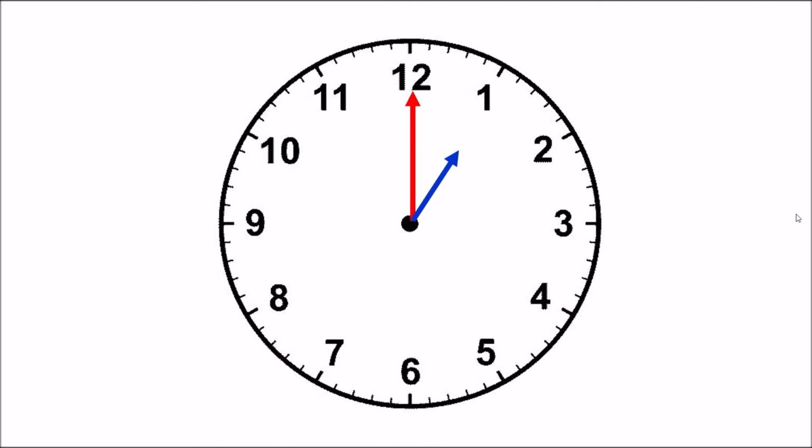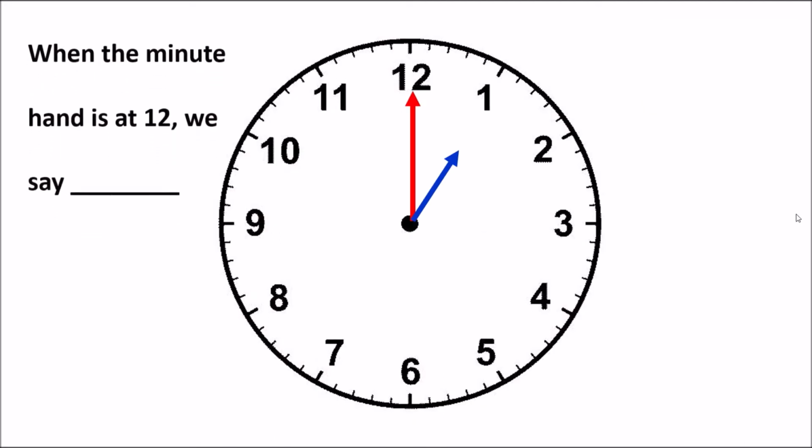Okay, so when the minute hand is at 12, like it is here, the red hand, the long hand, what do we call this? What do we say the time is? We say o'clock.